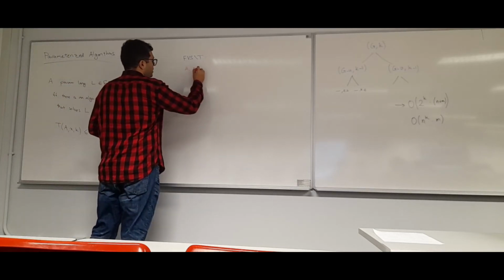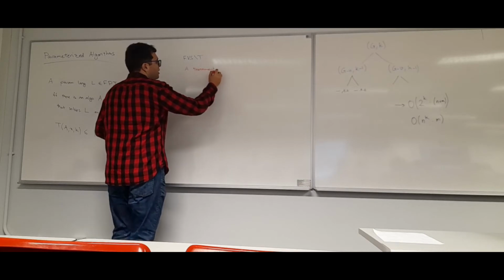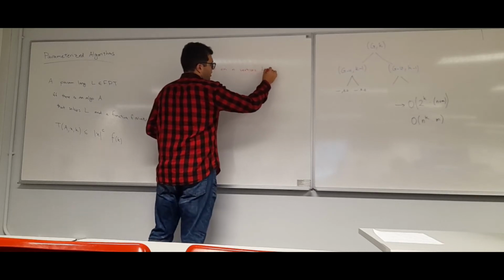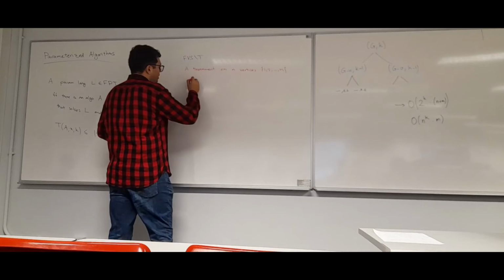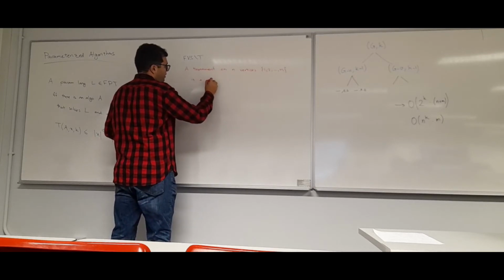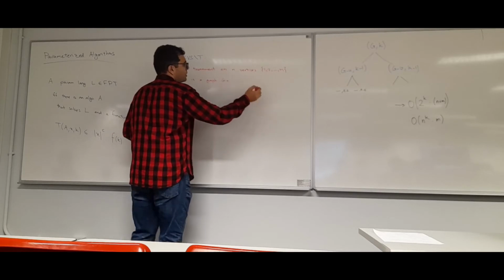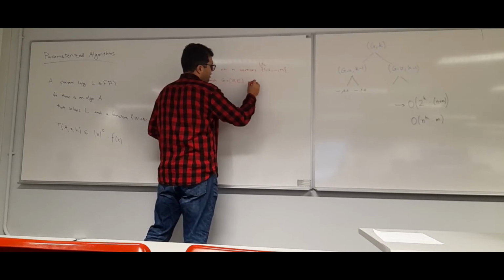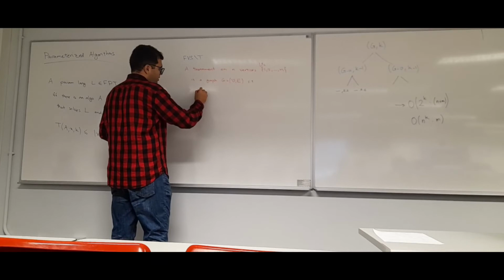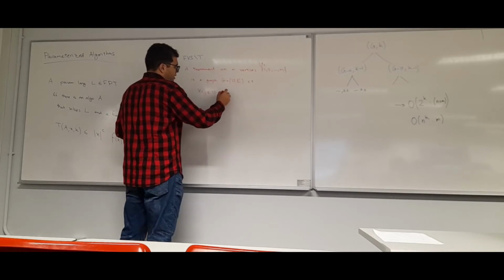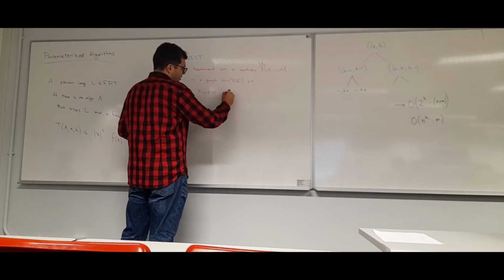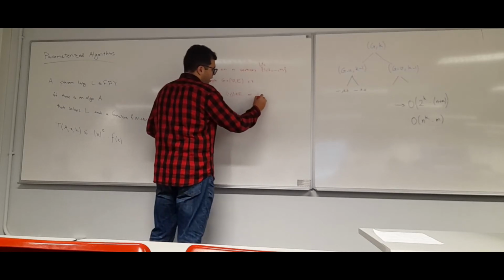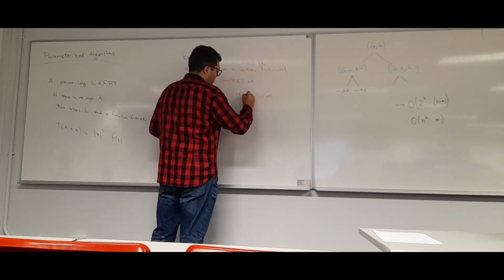So a tournament on n vertices, let's say my vertices are just 1, 2 to n, is a graph G, where again my vertices are just this set, such that for any two vertices i and j, either I have ij in my edges, so ij is in E, or ji is in E. And actually, I want this to be an exclusive or.